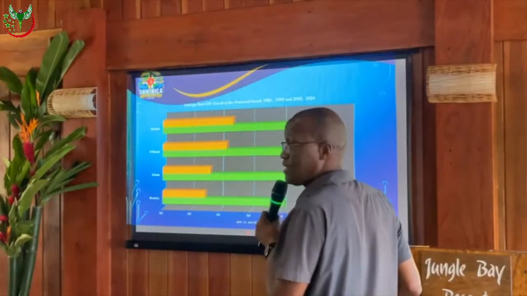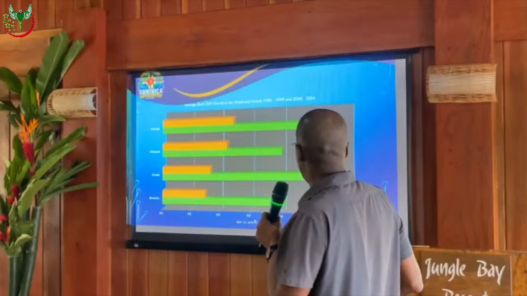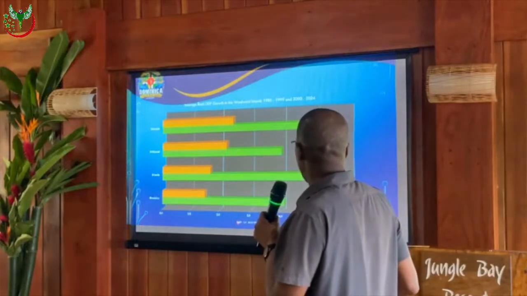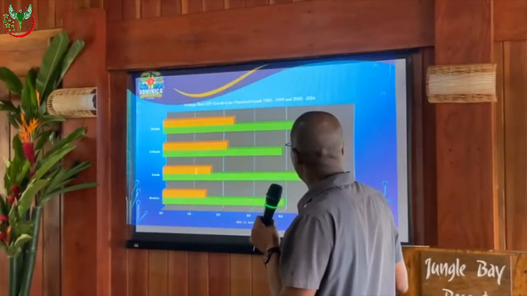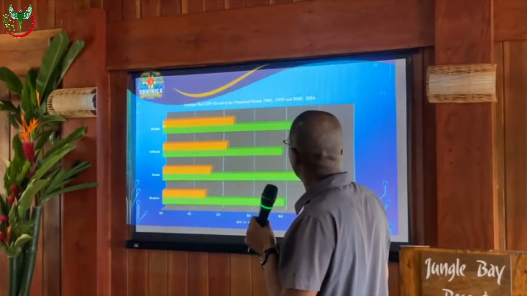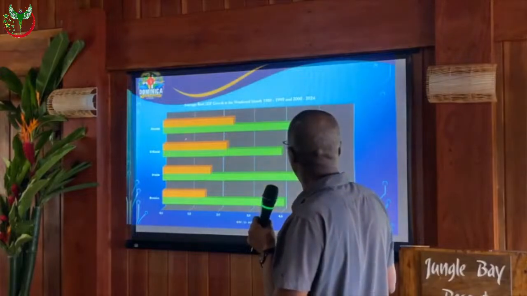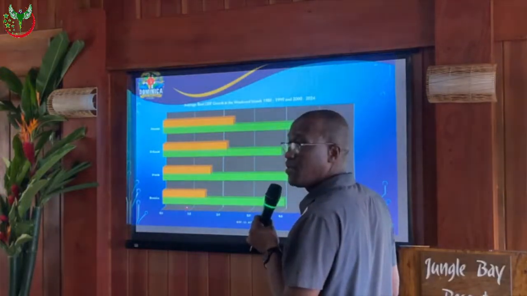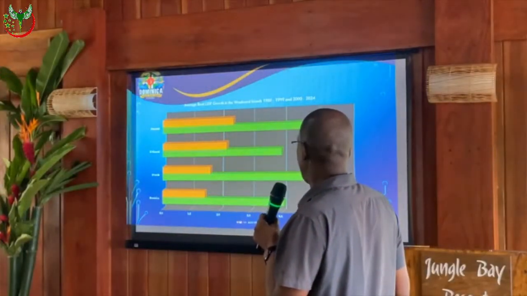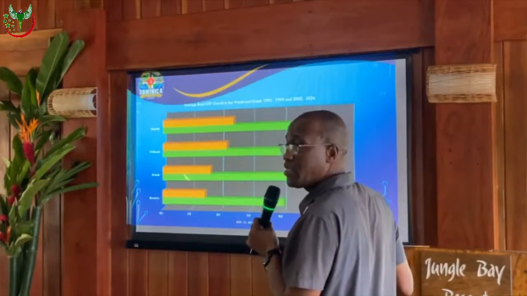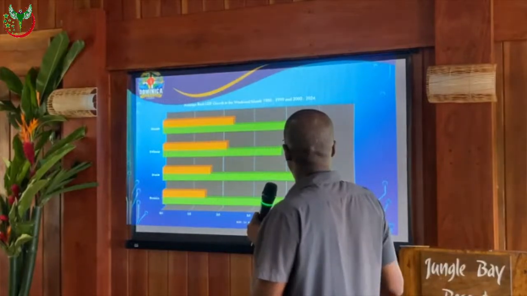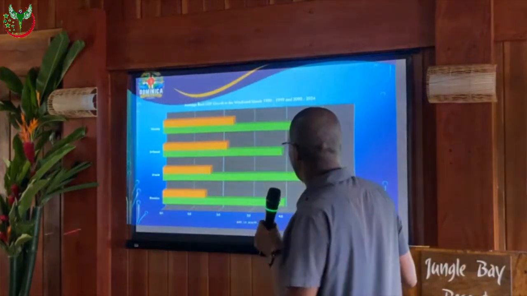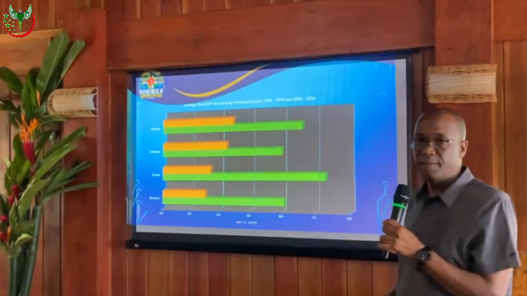So we look at 20 years between 1980 and 1999, and then we look at the years from 2000 to 2024. So you're comparing this with this, between 2000 and 2024, and then you are comparing the lines between 1980 and 1999.